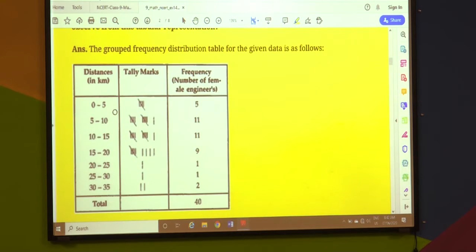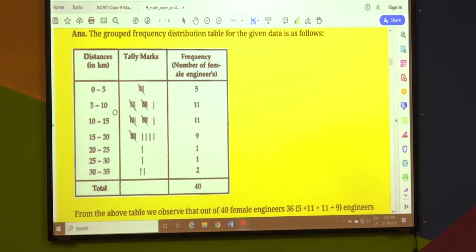After doing these things, in the frequency distribution table you can see that between 0 to 5 kilometers, 5 female engineers are staying. 5 to 10, 11 of them. 10 to 15, 11 of them. 15 to 20, 9 of them. 20 to 25, 1 of them. 25 to 30, 1.